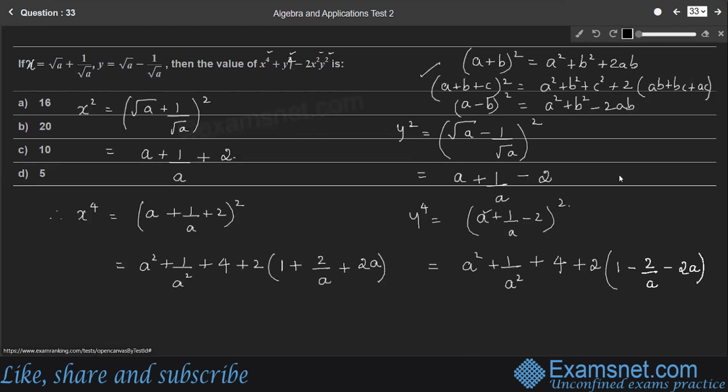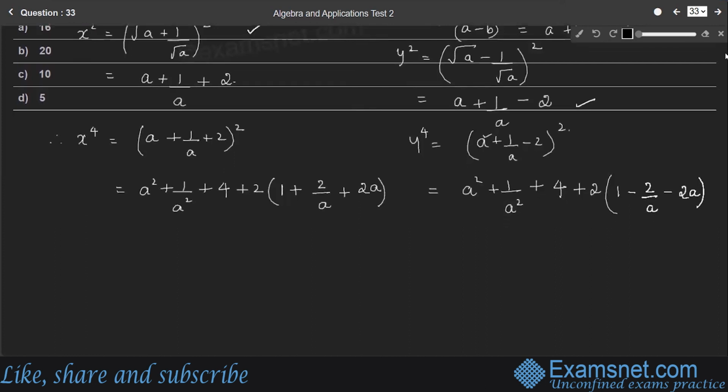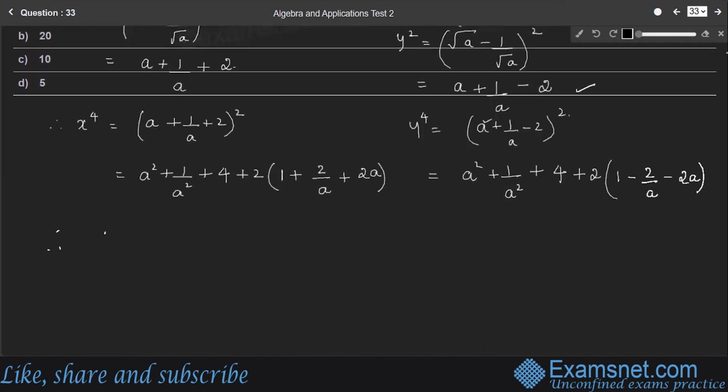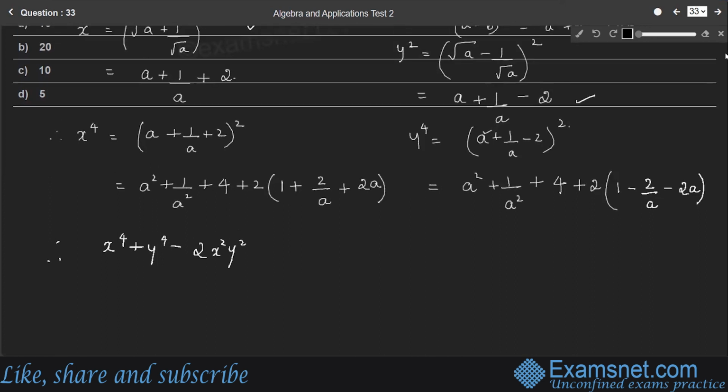Right? So, now substitute the values of x square, y square, x raised to 4 and y raised to 4 in this given expression. Therefore, finally, writing x raised to 4 plus y raised to 4 minus 2 times x square y square, this is the expression.